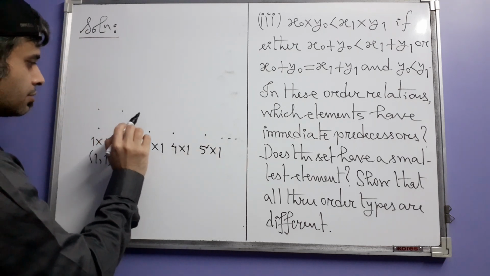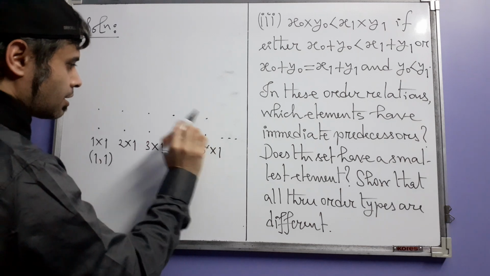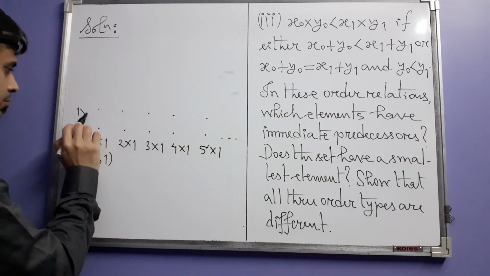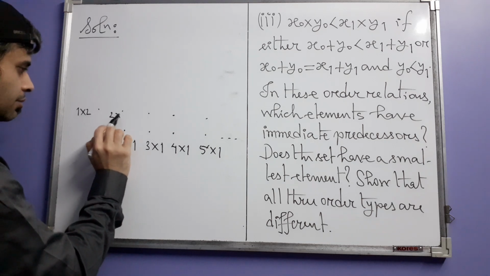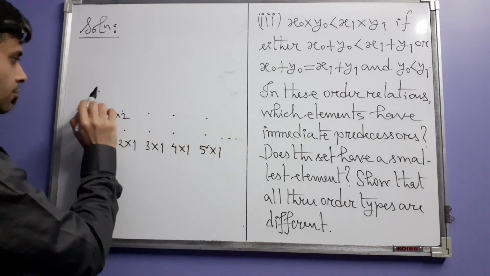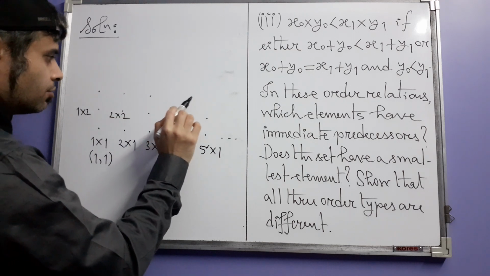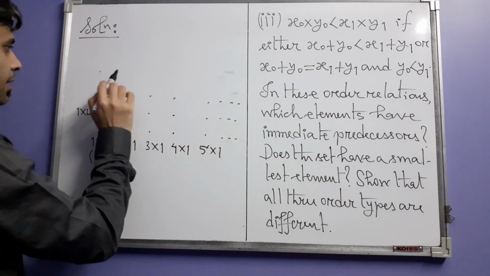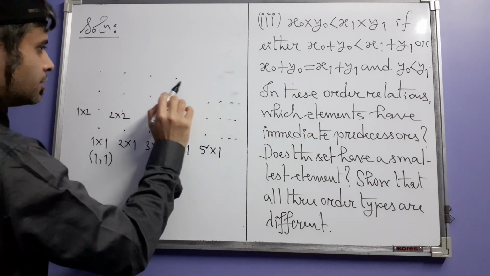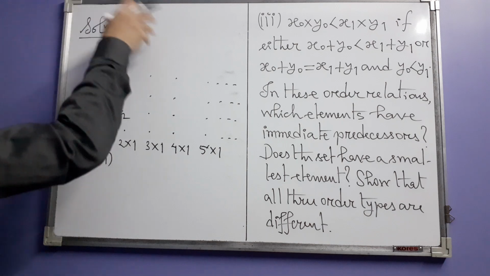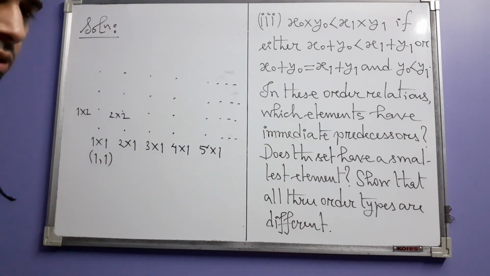Just above this row, you also have these other points: 1 times 2, 2 times 2, then 3 times 2, and so on. So like that, these things are going without any end. And also, such rows continue to appear without any end. So you just have more and more rows above these rows.